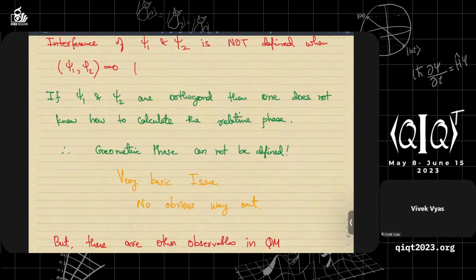And there have been many attempts. When I was surfing through the literature, I saw several attempts, and in my personal discussions with Professor Mukunda and Professor Samuel, I found out that many people have tried to find a way out, but there is no obvious way out. You can always come up with a workaround, but it is an artificial one.